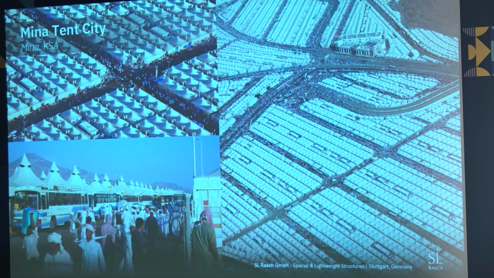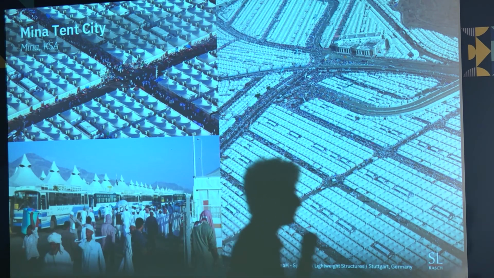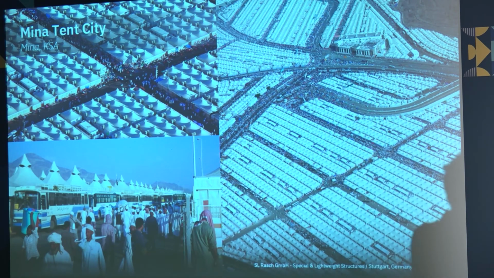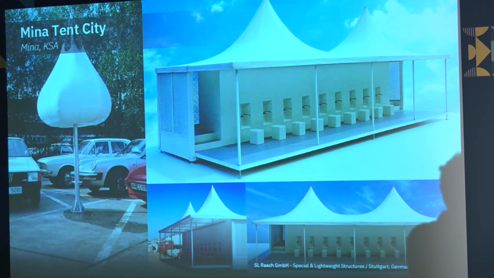At the time when we designed this project, when we designed these fire-rated tents, we made a concept for all infrastructural elements: the water supply, toilets, and ablution areas, all were done in the same concept of having mobile structures. Unfortunately, this was not constructed like that.